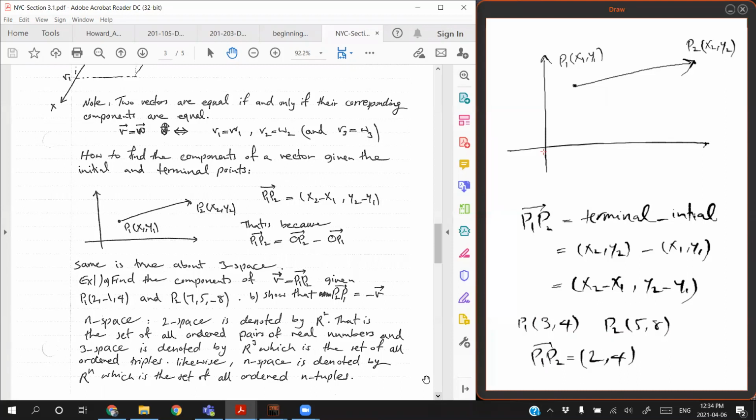You can think of the origin and connect the origin to point P1, then you have a vector which we can call OP1, right? You can also connect the origin to the point P2, and then you have another vector which is OP2, right?